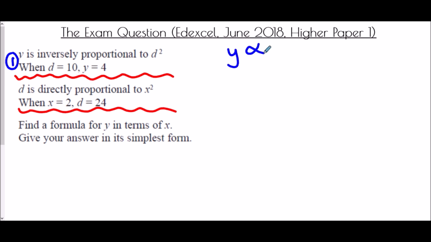So the first thing I want to do here is set that up. Y is inversely proportional to d squared, so y is proportional to 1 over d squared. And turn that into an equation. Y equals k over d squared. And then let's try and find the value of k, our constant of proportionality. So d is 10 and y is 4.